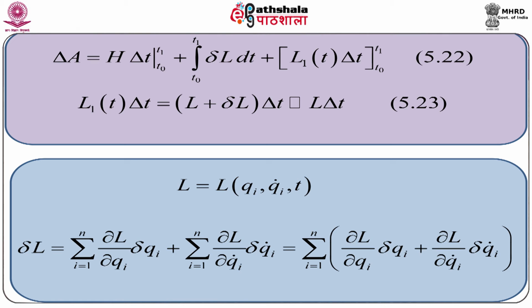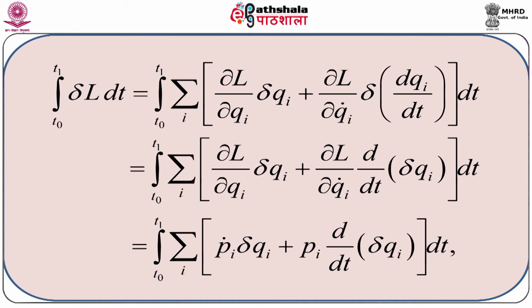So the variation of the Lagrangian gives δ L equal to the summation i equal to 1 to n of ∂L/∂qi δ qi, plus the summation over i equal to 1 to n of ∂L/∂qi dot δ qi dot.